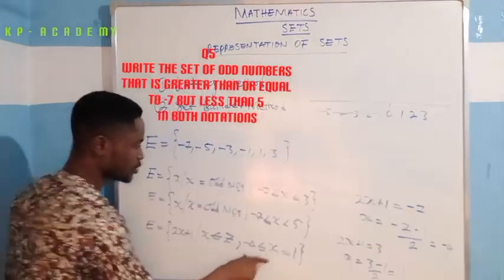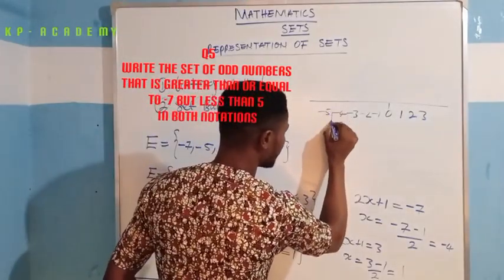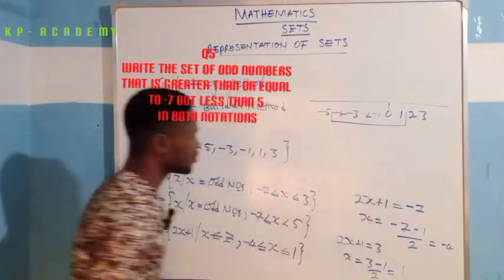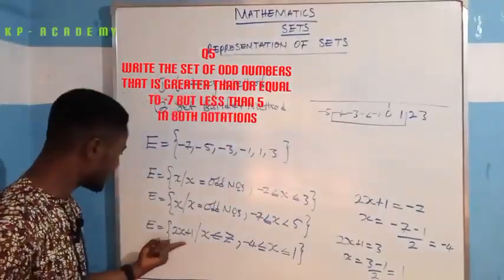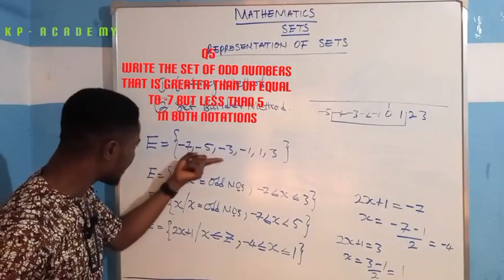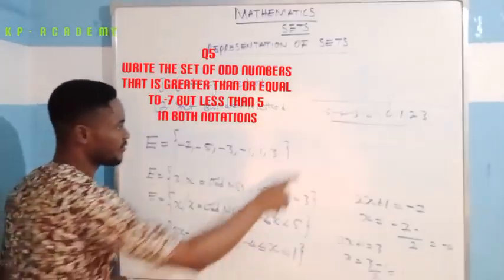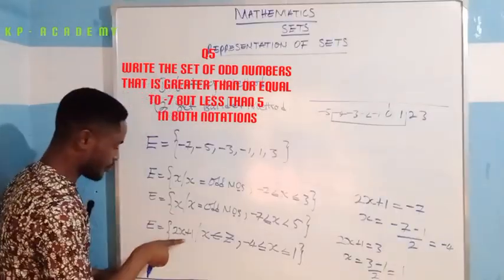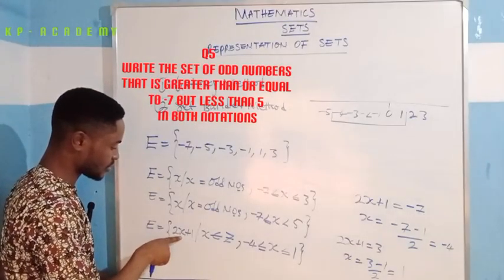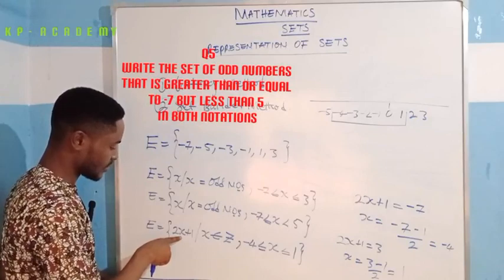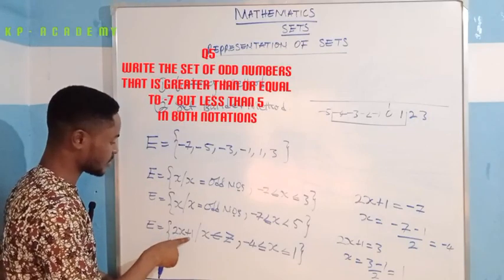This condition says that it ranges from minus 4 to 1. So if I pick any number from minus 4 to 1 and plug it in here, I must have a number in this set. For instance, if I take x to be minus 4 and put it in here, you find out that 2 times minus 4 is minus 8, and minus 8 plus 1 is minus 7.